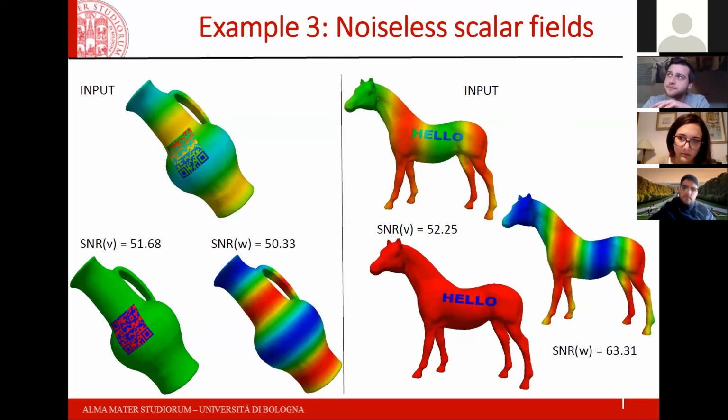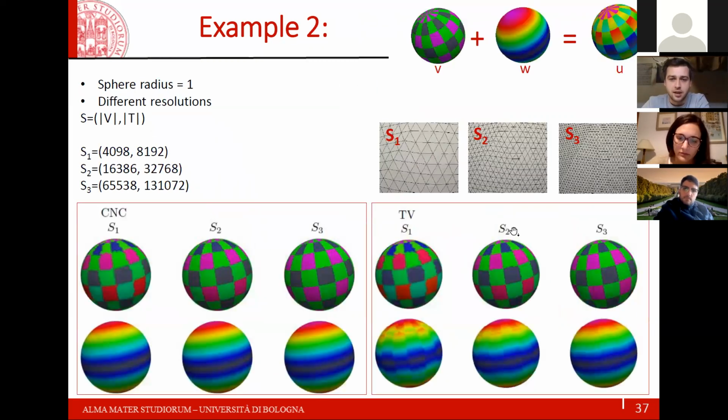A good midway would be to use a different sampling of the function over the mesh itself, because since we have sampled it as a piecewise linear signal over the mesh vertices, for coarse meshes we obtained something like this.